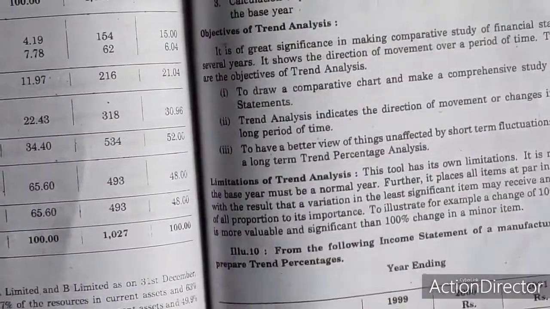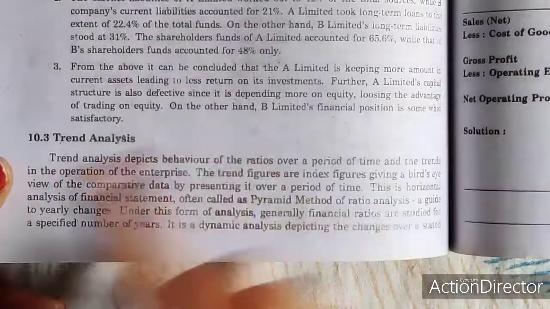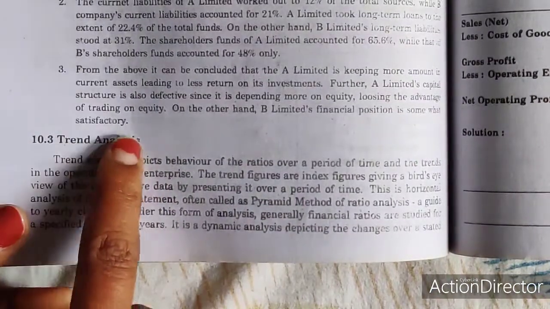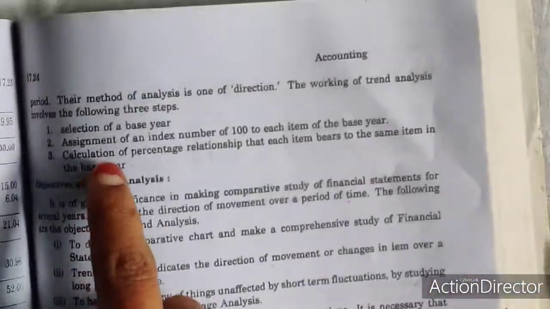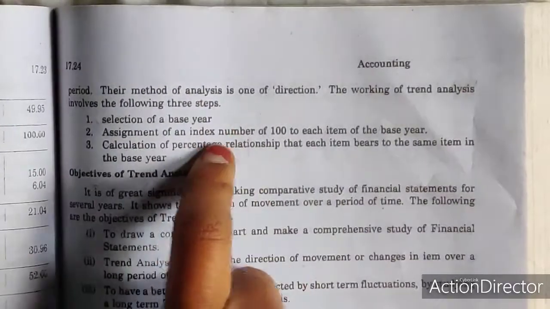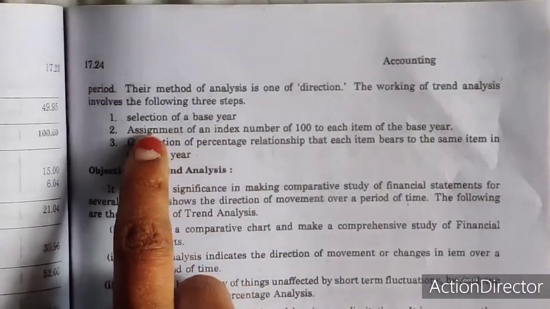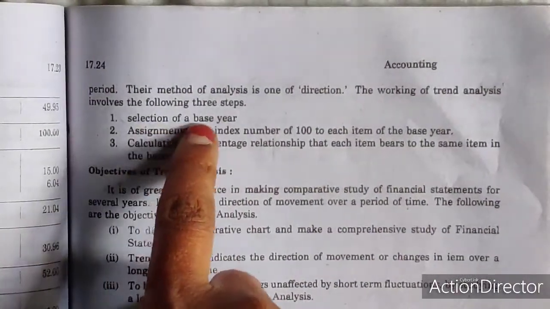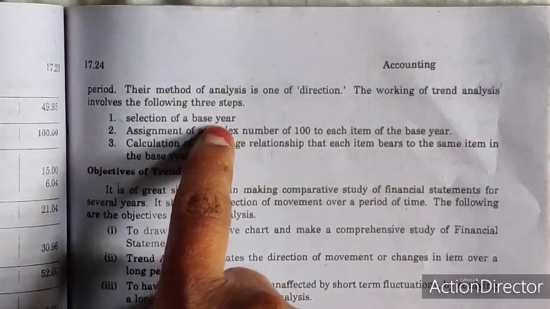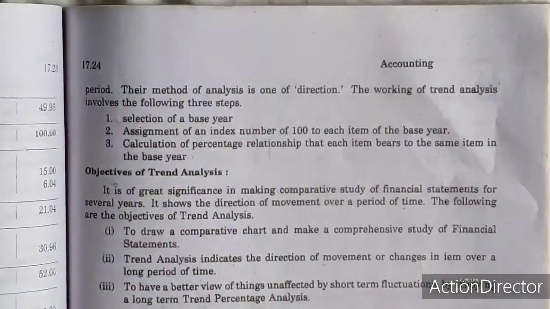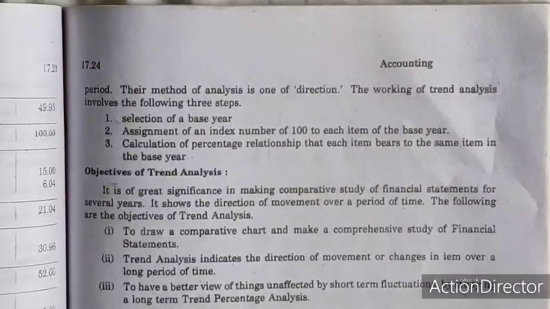Okay, the next method is trend analysis. In this method we will follow 3 steps. The first one is selection of the base year. Here we will be given 3 or 4 years of information.